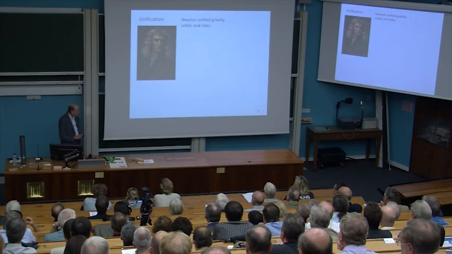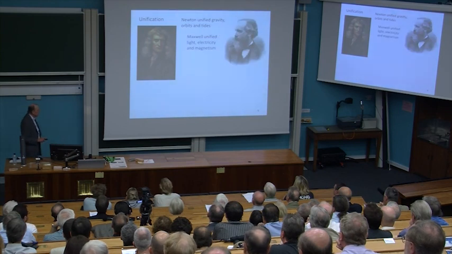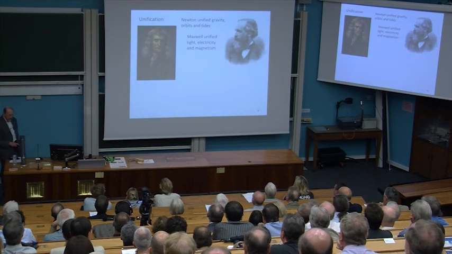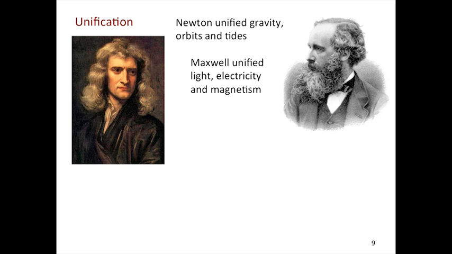He showed that they are. Clerk Maxwell unified in a similar way the theories of electricity and magnetism and light. Light is an electromagnetic wave. And Einstein unified space and time and gravity, showing that gravity can be understood in terms of curvature of space.